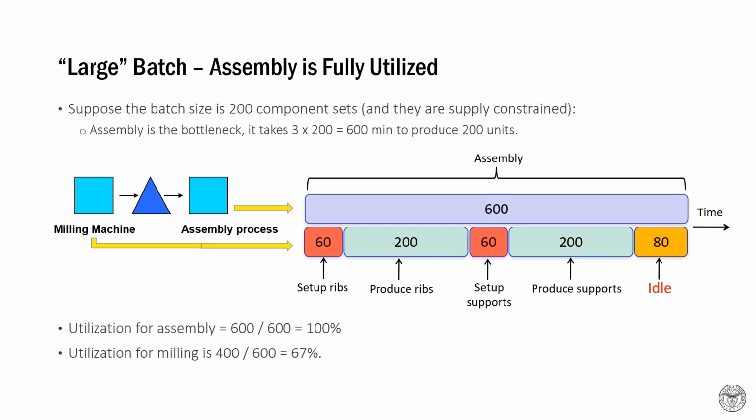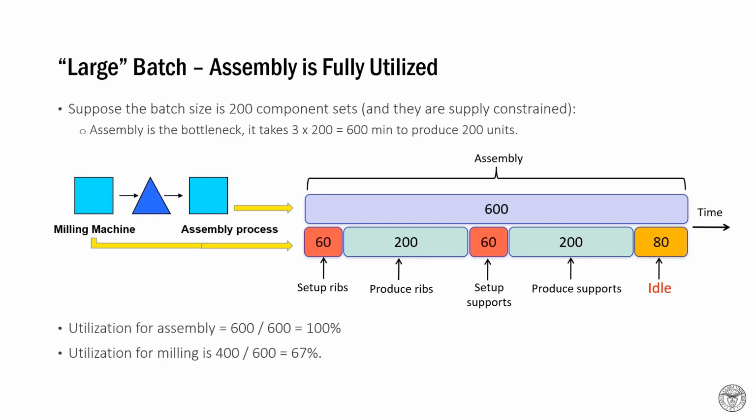With this large batch size, the utilization rates for our processes change significantly. For example, the utilization rate is now 600 over 600, which equals 100%, a fully utilized assembly process.